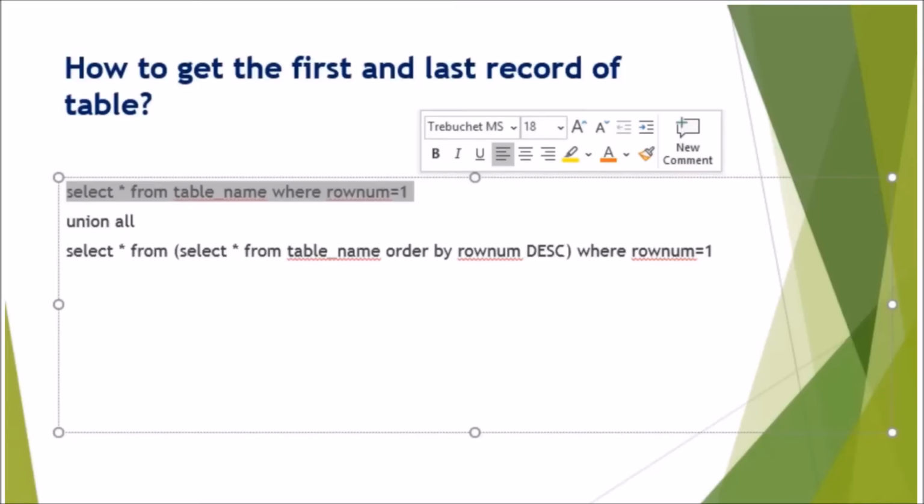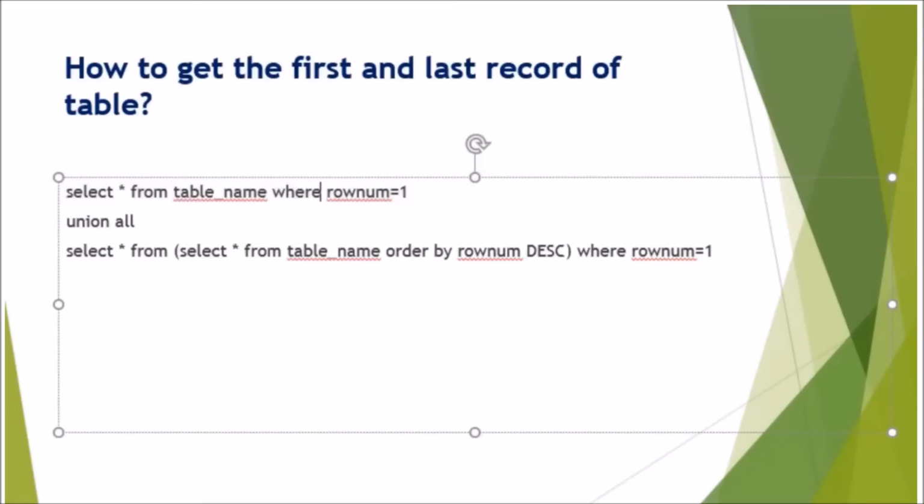Next I'm adding the filter where rownum equals 1. This rownum is a pseudo column. Internally the database creates this column for every result set of a select statement, and it gives a sequence for every record.